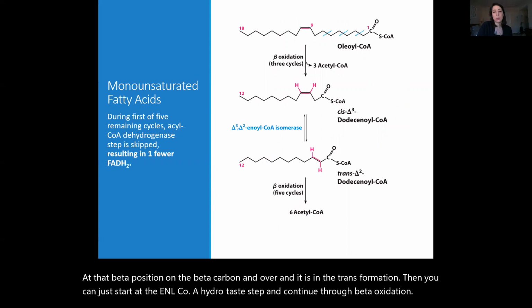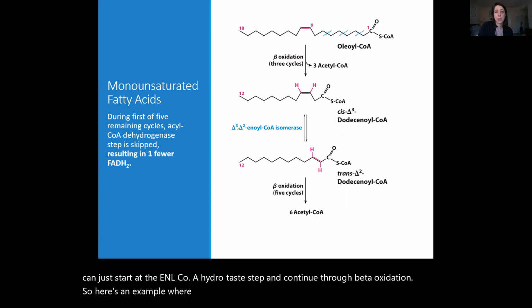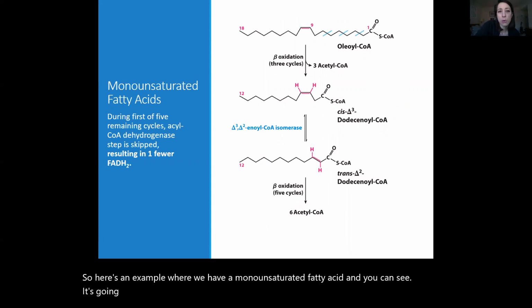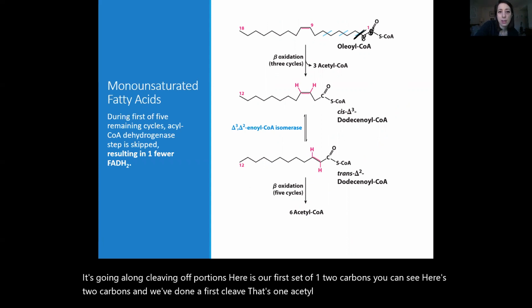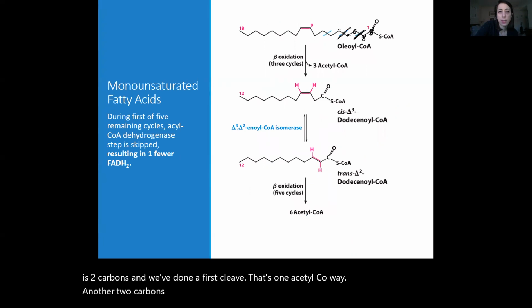So here's an example where we have a monounsaturated fatty acid, and you can see it's going along cleaving off portions. Here's our first set of 2 carbons, and we've done a first cleave. That's 1 acetyl-CoA. Another 2 carbons, another cleave. Another 2 carbons, another cleave.